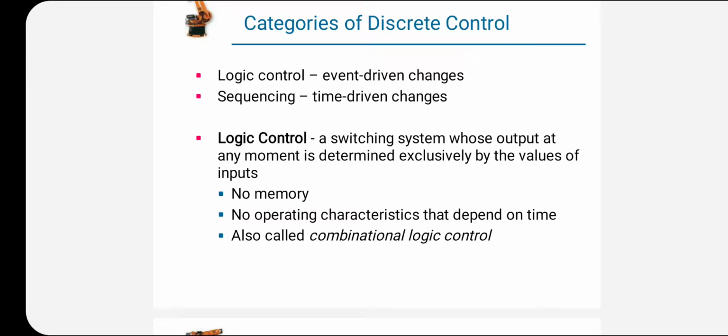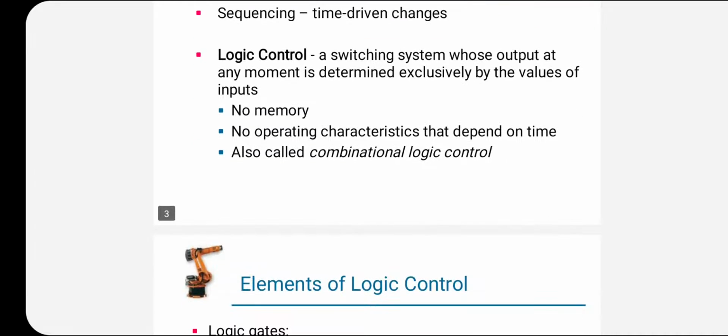In logic control, a switching system's output at any moment is determined exclusively by the values of inputs. It means there is no memory. Whatever the input value, it is considered. There are no operating characteristics that depend on time. It is also called combinational logic control. So this is event driven change.